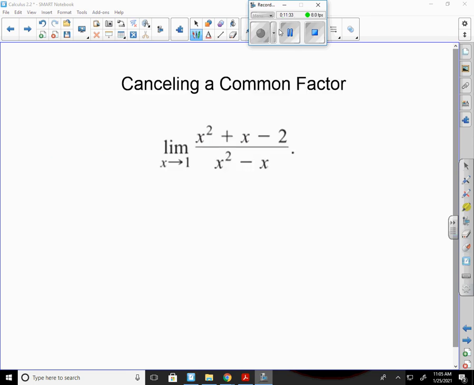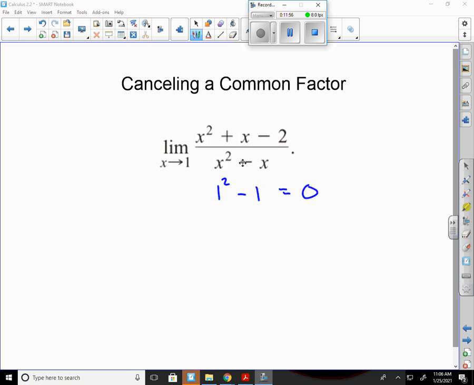If I look at the new example that I just put up, the first thing I'm going to look at is my denominator. And I'm not going to write out the limit as x approaches 1 of each one of these. I'm just going to look at my denominator. If I was to substitute 1 squared minus 1, 1 squared is 1, minus 1 is 0.